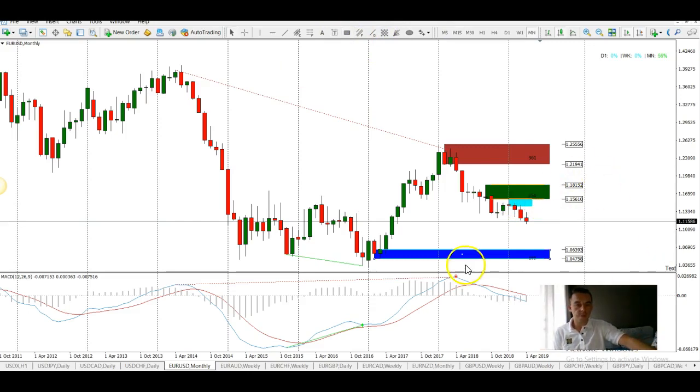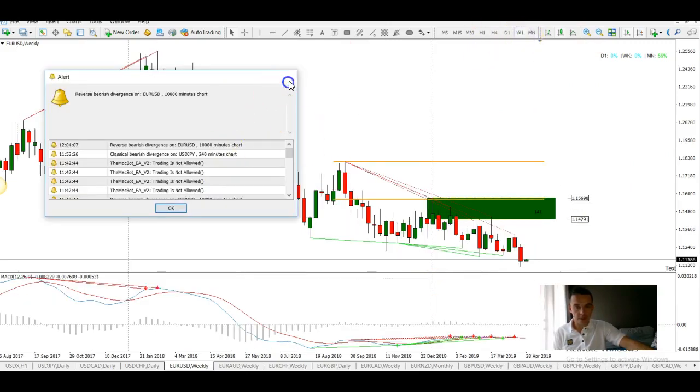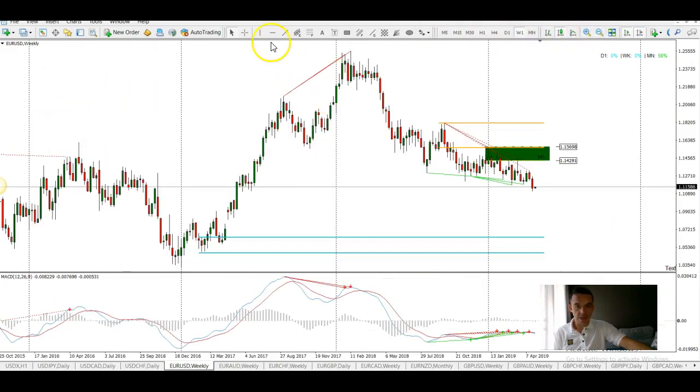So on the monthly, it's looking like it's slowly making its way down to this 1.06 area, 1.07 area again. Okay. But if you look at the weekly, we still have this weekly area here.